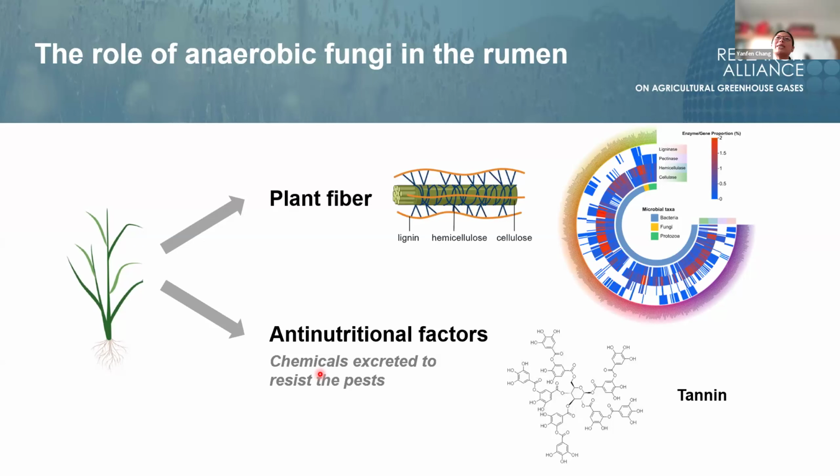So they will excrete some chemicals that resist the pests. So these chemicals are anti-nutritional factors for animals, and they can prevent the degradation by microbes in the rumen. So some of these microbes in the rumen can degrade those chemicals, for example, the tannin in the plant fiber. So in our opinion, that's the second important role of fungi in the rumen.